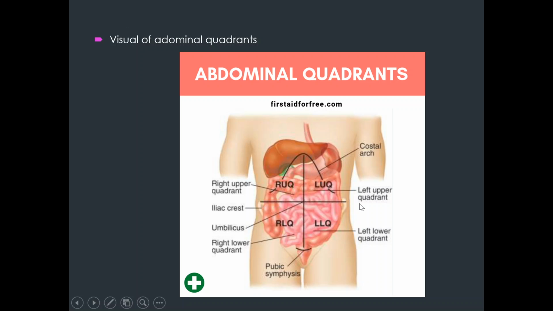In each quadrant, you can find different organs under it. Here is your right upper quadrant, right lower quadrant, left lower quadrant, and your left upper quadrant. This is what you call the costal arch. And at the bottom is the pubic symphysis.